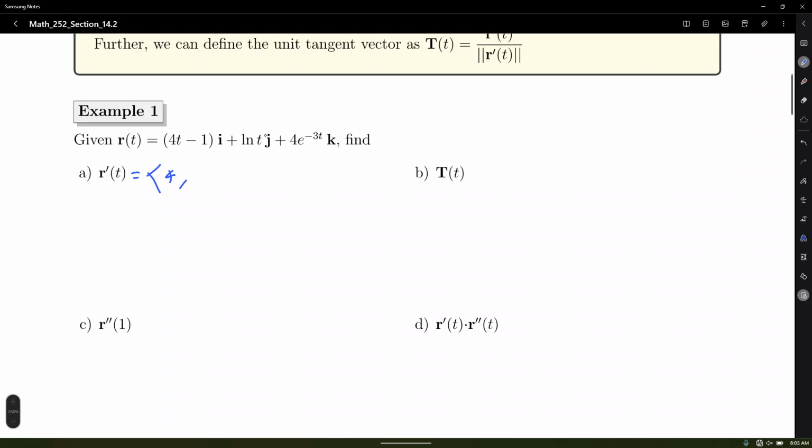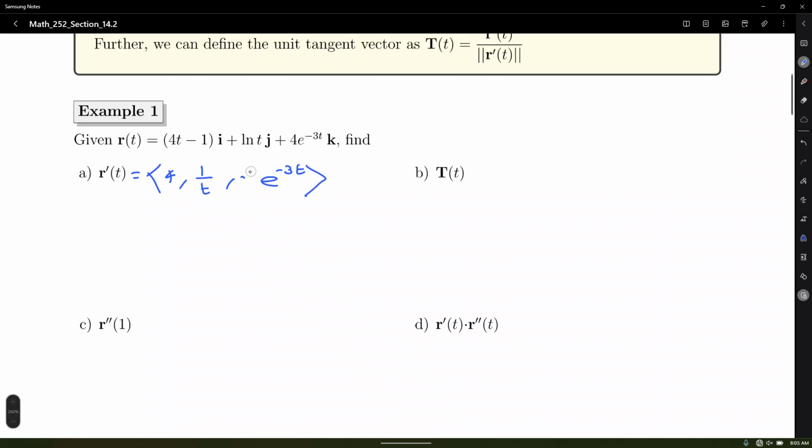The derivative of ln of t, that's simply 1 over t. And the derivative of 4e to the negative 3t, well, the derivative of an exponential is itself, so that is e to the negative 3t times, by mini chain rule, negative 3. But that negative 3 times the 4 we have in front of the exponential makes it a negative 12, right? So just using your basic differentiation rules.